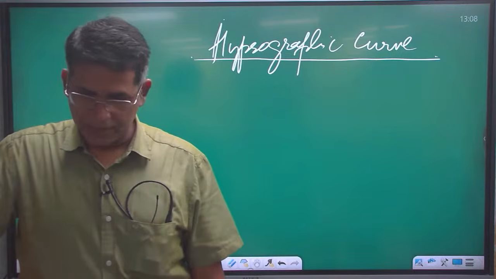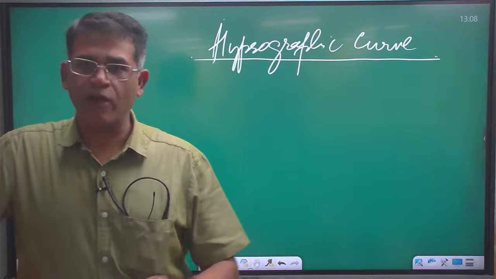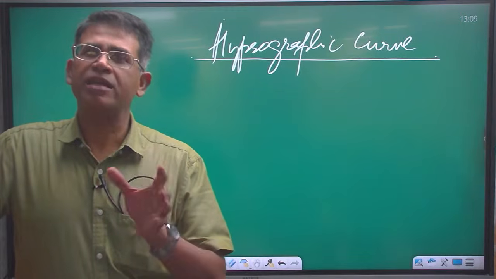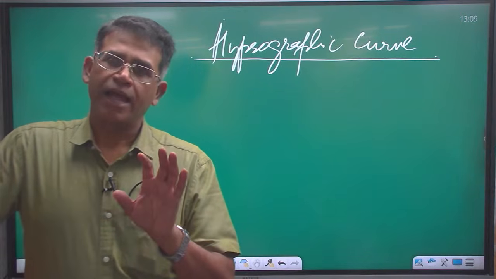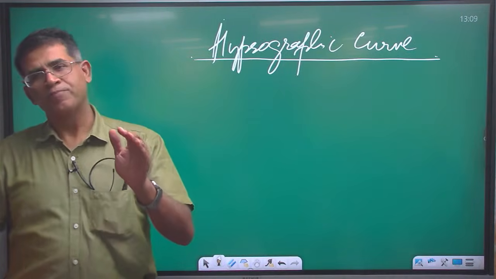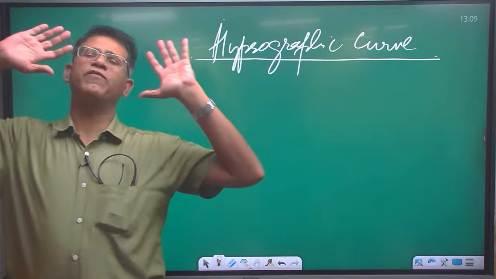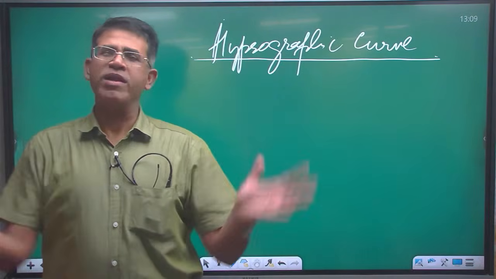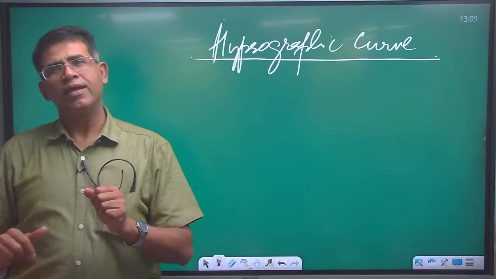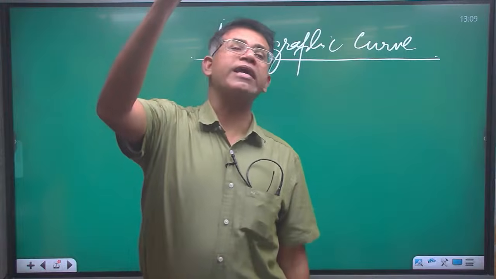What is this curve? This curve tells us how much proportion of Earth's surface is at what elevations. I'm looking at the entire Earth's surface as one surface. Now tell me how much of the surface is at what height?